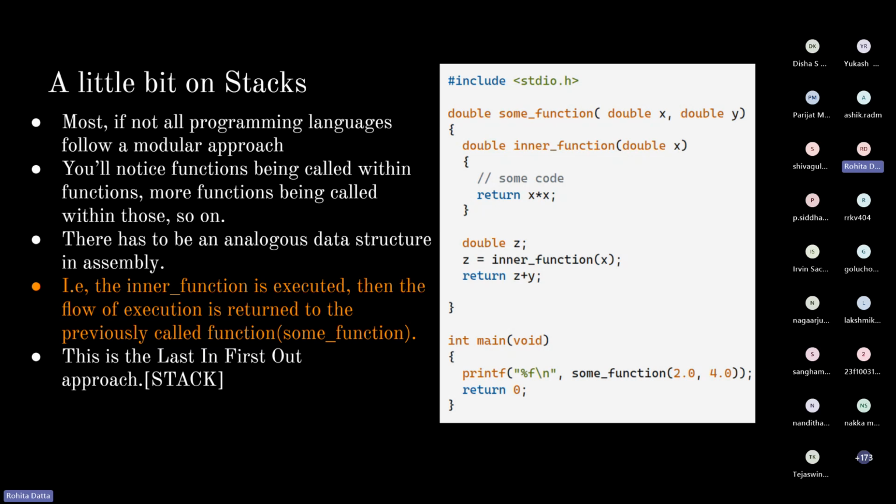Especially in C, since C supports user-defined functions, you can define functions outside of your main, and then you can call them inside your main. So you can see this whole modular approach that comes up. Even if you don't write the exact code for a function inside your main, you can call different functions, and different functions can call other functions within them, and so on.